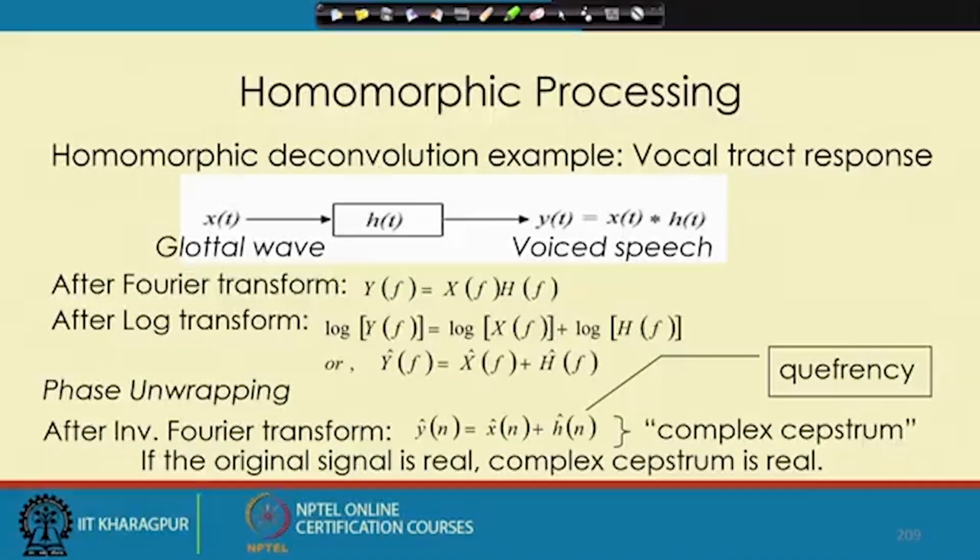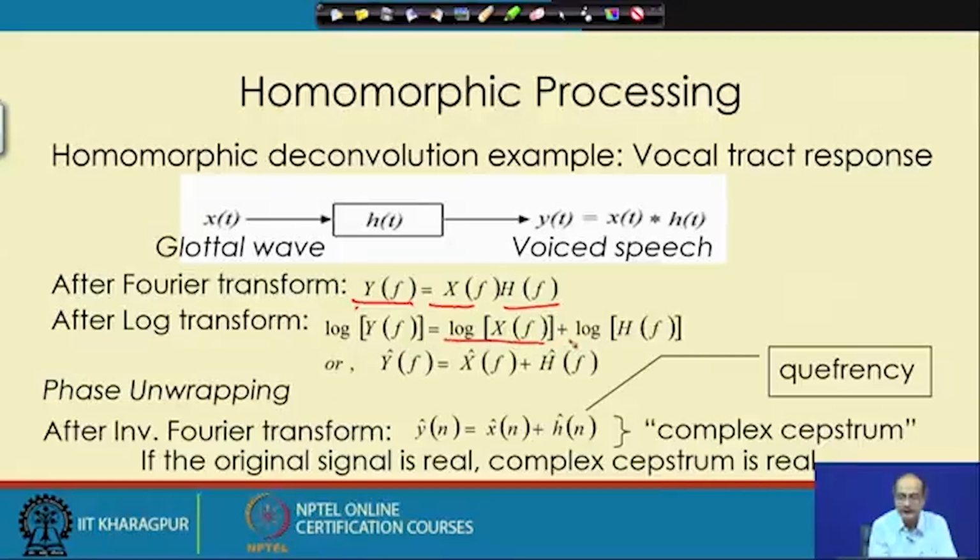So, now let us take how we proceed in this particular case. First, we take the Fourier transform, and after the Fourier transform, the signal we get, the voice pitch of that, y f, we get the two components x f and h f, and once we take the complex log, we get the two parts separated, that is log of x f and log of h f.